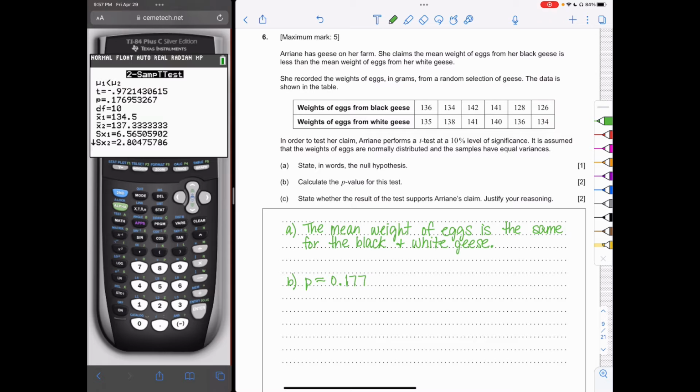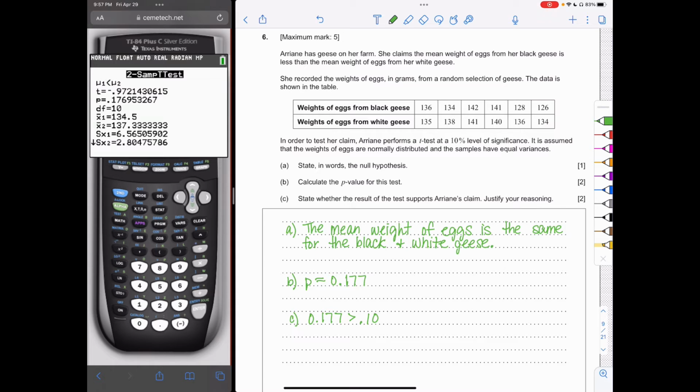So now, part C is saying that we need to state whether the result of the test supports Arian's claim and justify your reasoning. So we see the p-value is 0.177. That is going to be greater than the 10% significance level.